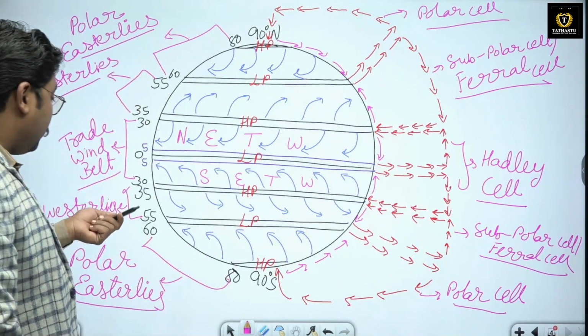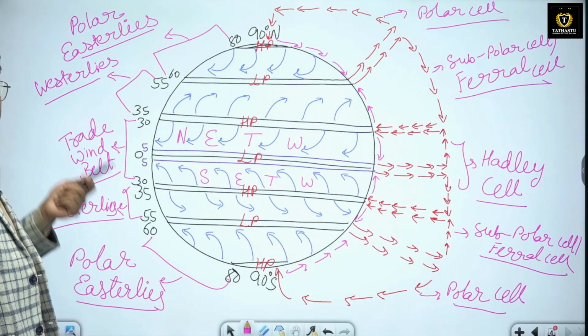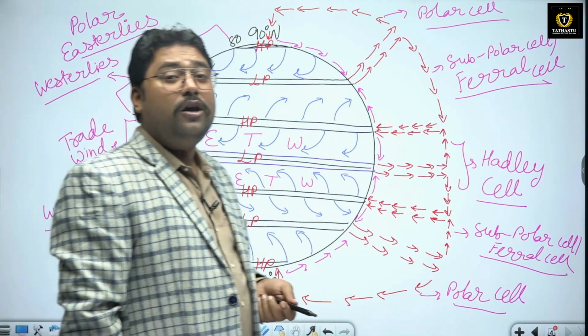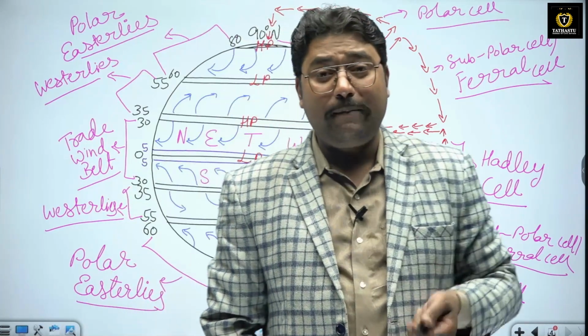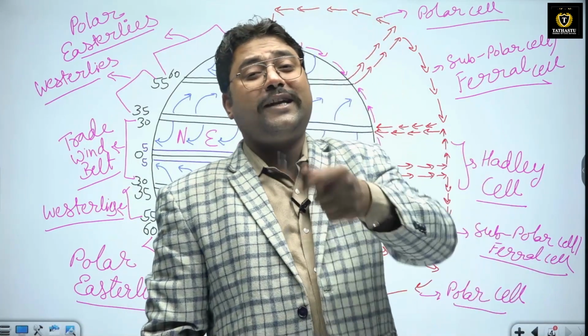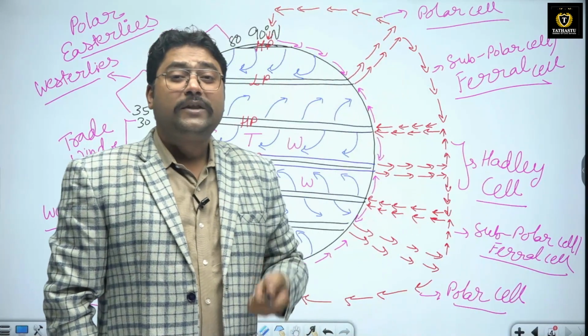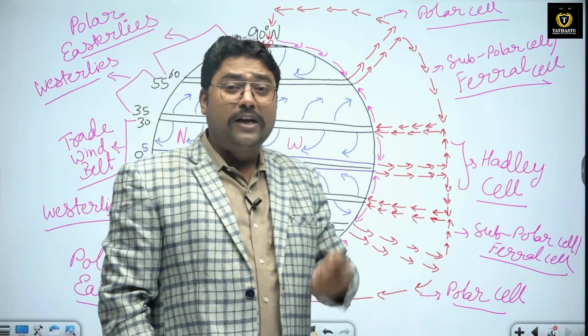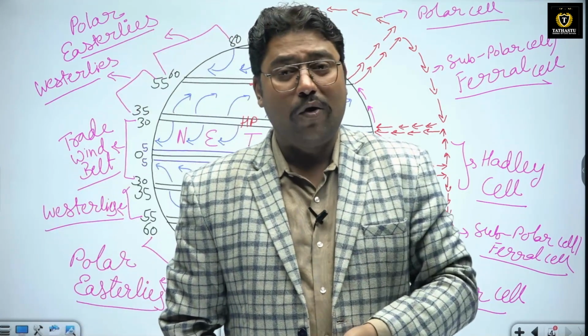But if we notice in southern hemisphere and you give a look on the world map or globe, beyond 40 degrees south latitude, there is no such landmass, only oceans.